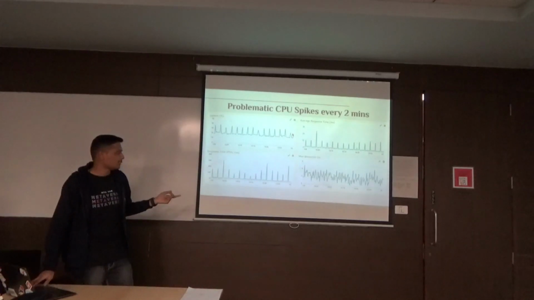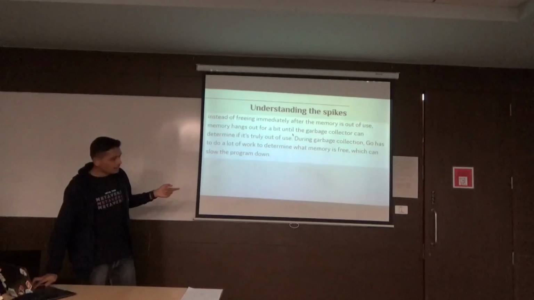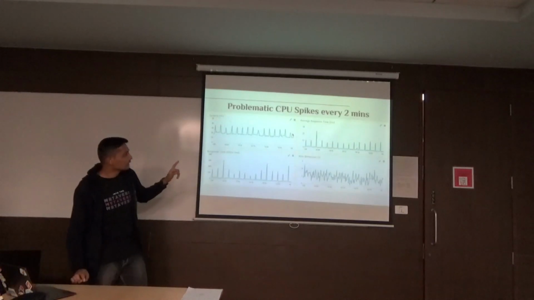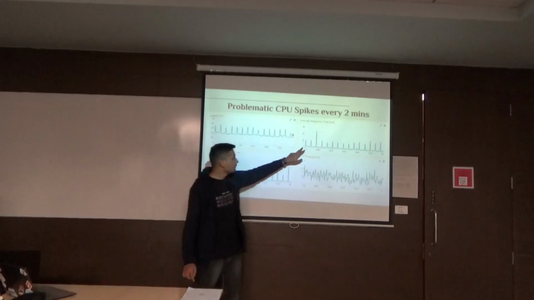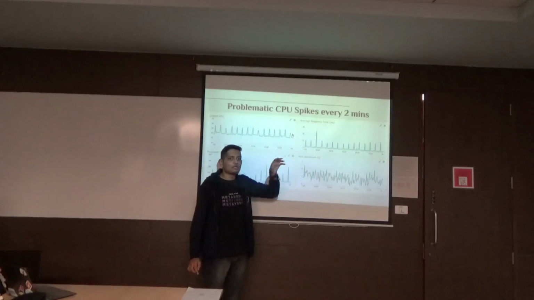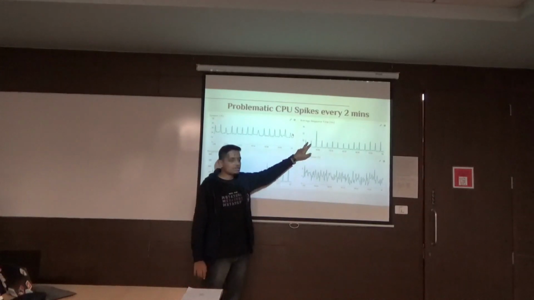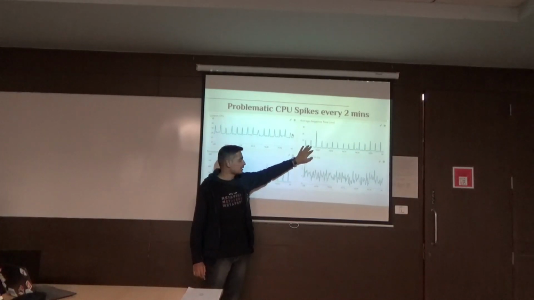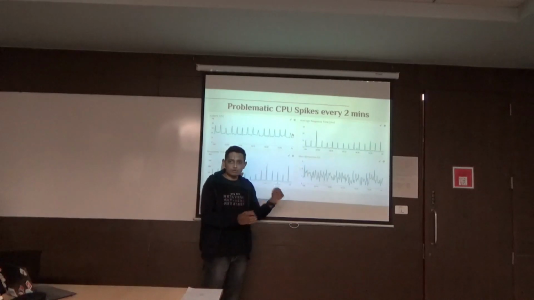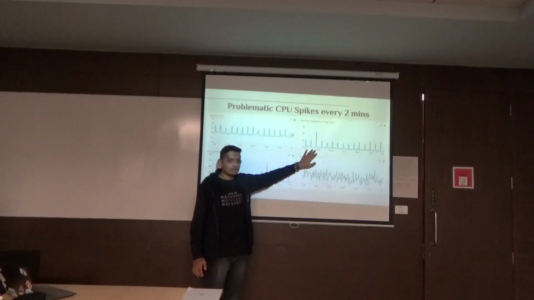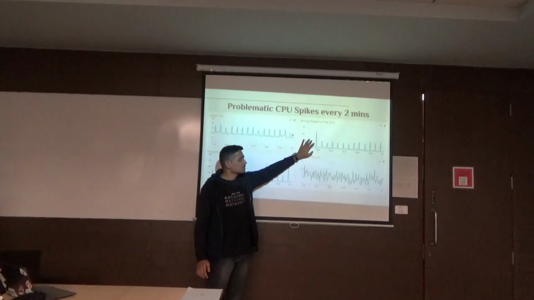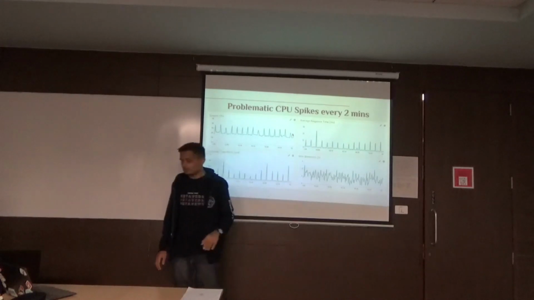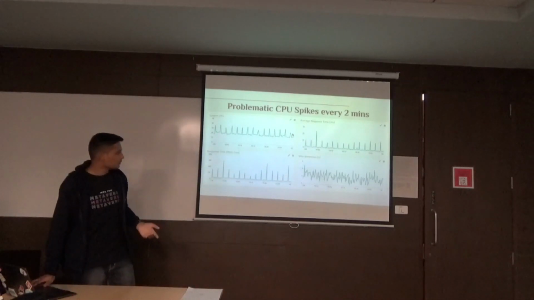These spikes also increased their response time, because whenever CPU usage was high, there was some work going on underneath, and these spikes were not because the application was slow. They were because of Go's garbage collector. If the garbage collector is occupying the CPU, then it obviously cannot perform the work of the application, so the response time increases, because CPU was not available.